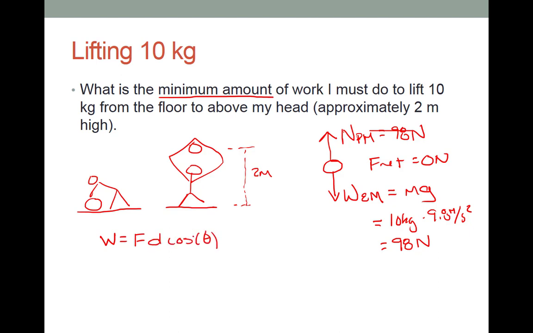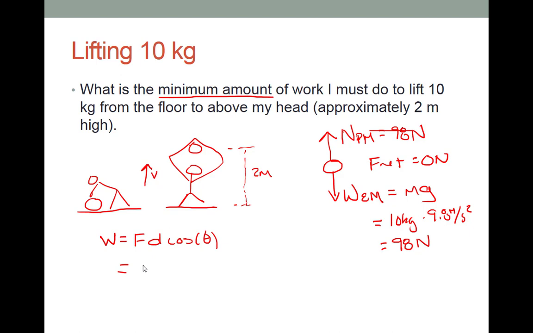Oh, I got to worry about this angle. Well, my force is acting upward, and the block's velocity has to be upward to go from the ground to above my head. So the angle in this case is 0.